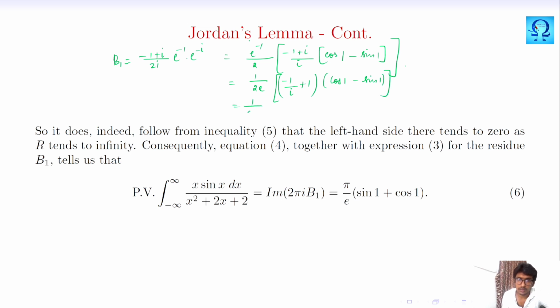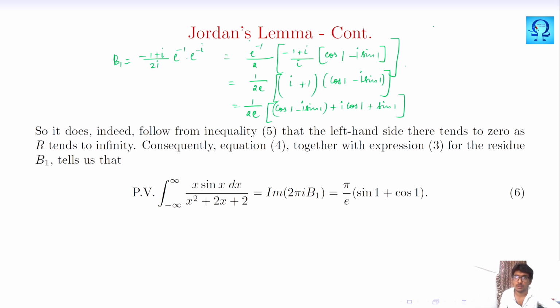When I just see it, -1/i, I just multiply and divide by i, so that becomes -i/-1, which is simply i. Now I'll have to multiply these things. So when I multiply these things, what I have is cosine 1 minus i sine 1 plus i cosine 1 plus sine 1, if I am not wrong.